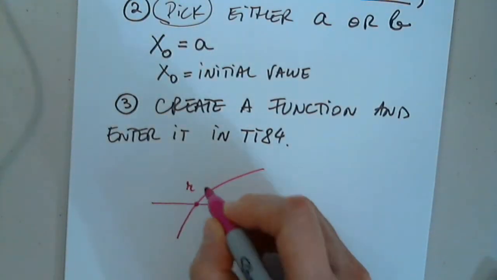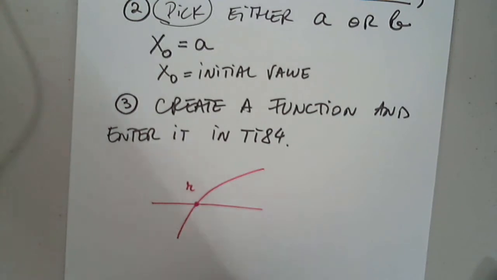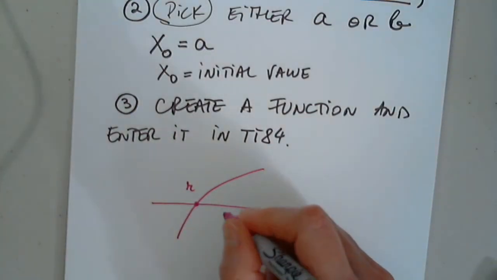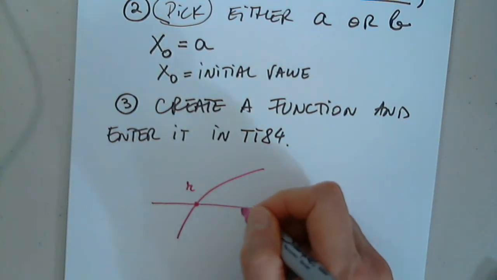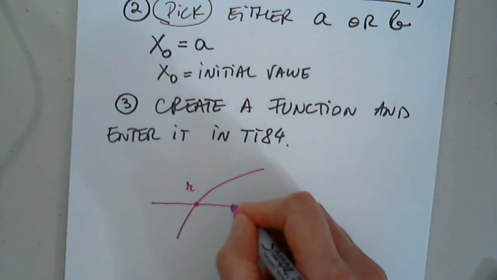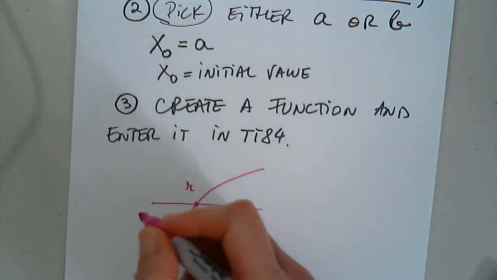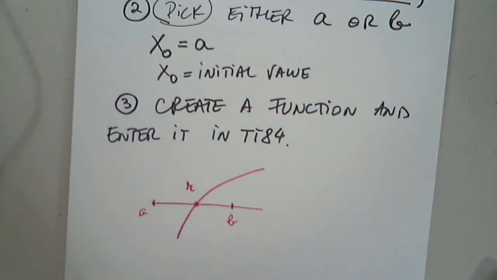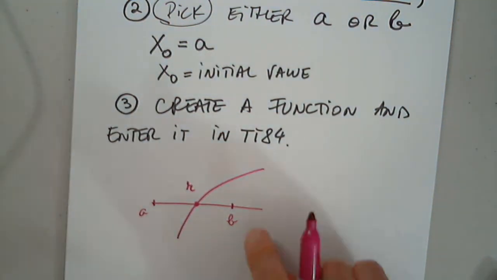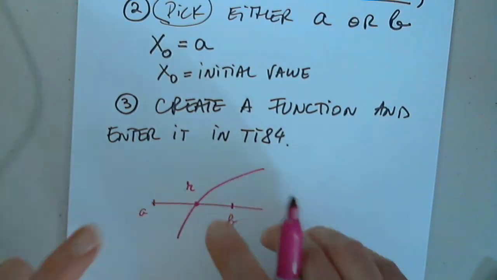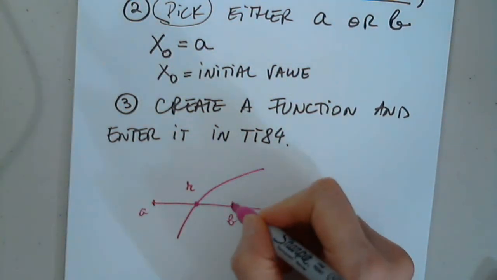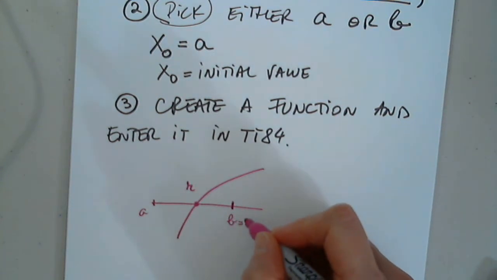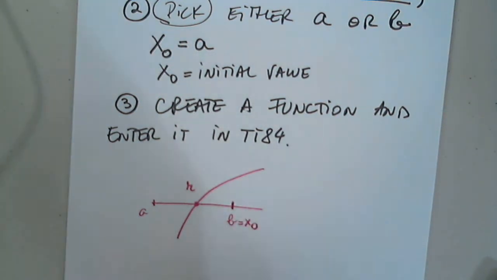So this is again r. Let's say I start here. This is my b, and this is my a. I zoomed in. These are very close, a 1-unit interval, but I zoomed in to explain what I'm doing. So this is my starting point, my initial value.